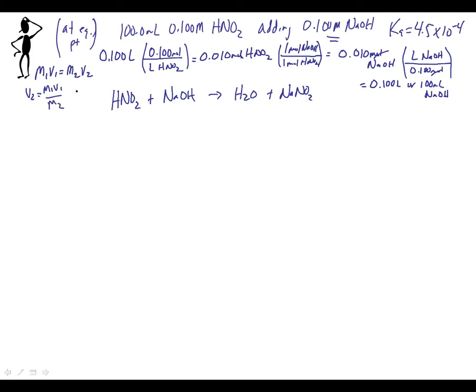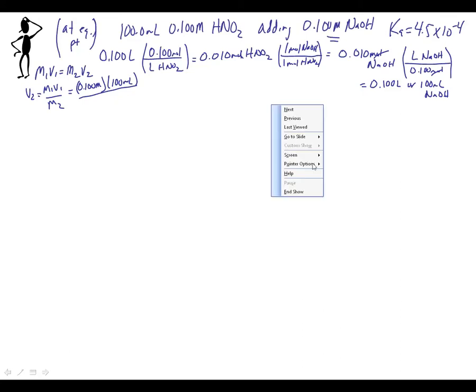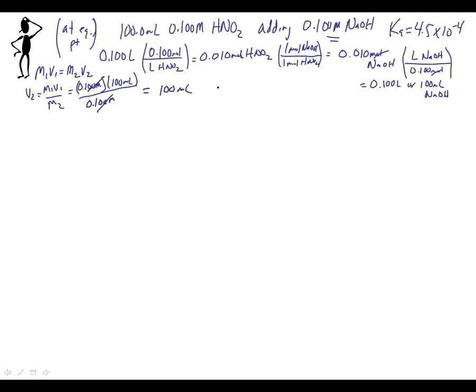For our M1, 0.1 molar, our V1, which is 100 milliliters, divided by our M2, which is also 0.1 molar. These cancel, and you're left with 100 milliliters of sodium hydroxide that's needed. Again, same answer. That's the short version of the long stoichiometry part.